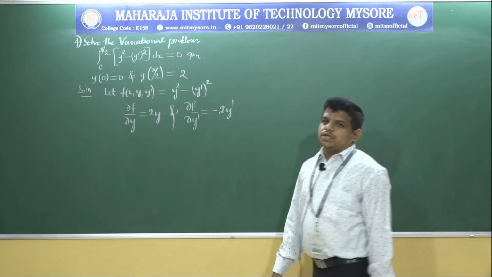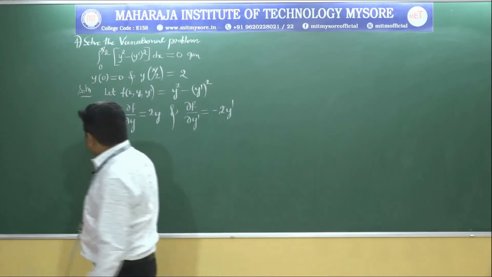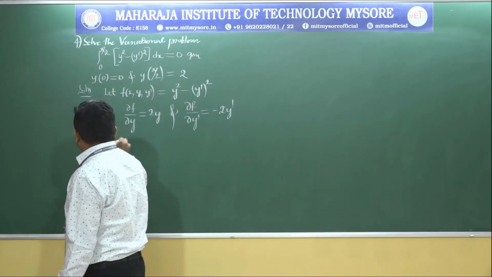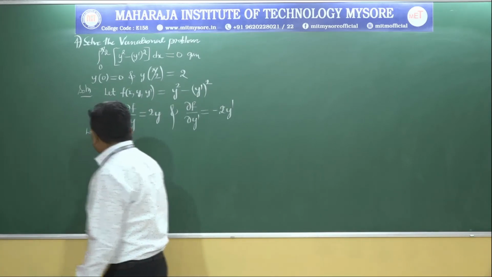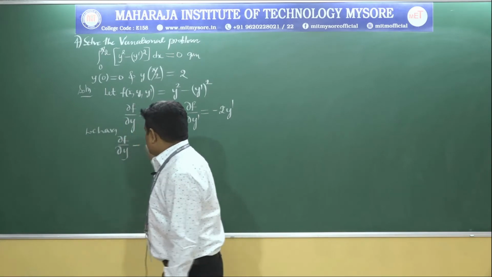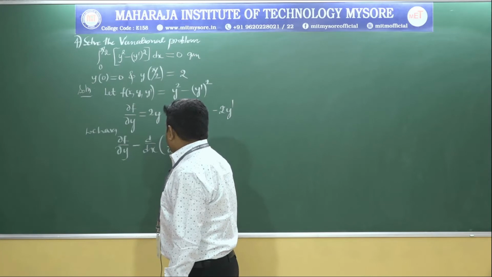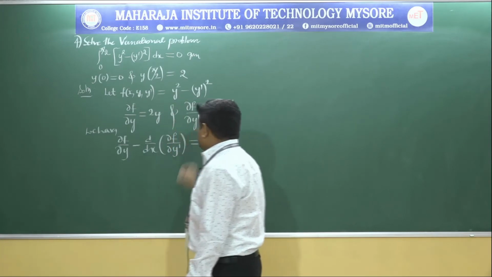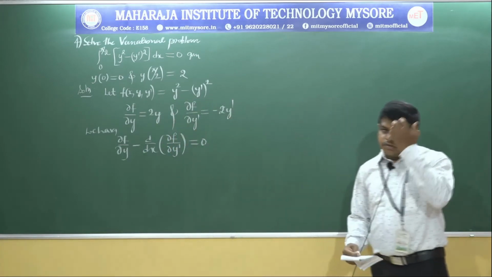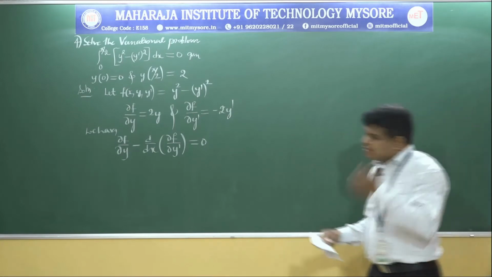By Euler's equation, we have dou f by dou y minus d by dx of dou f by dou y dash equals 0. This is the expression for Euler's equation.